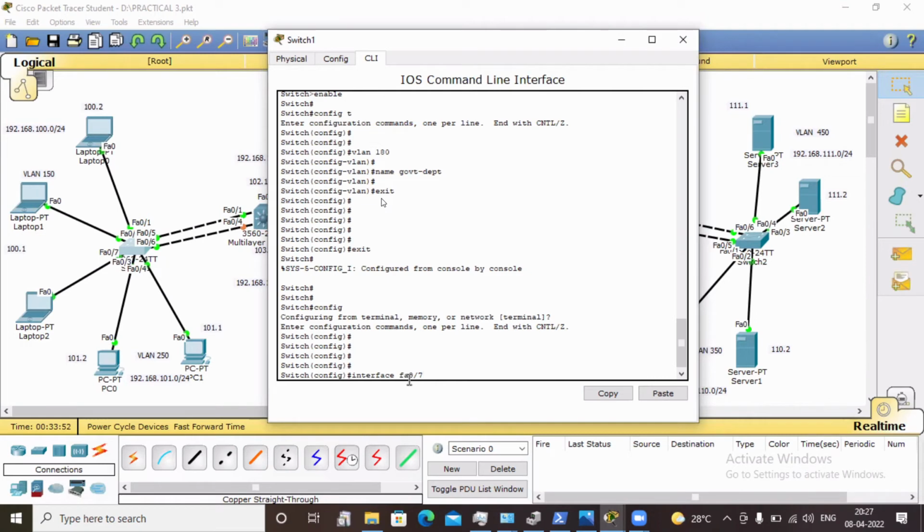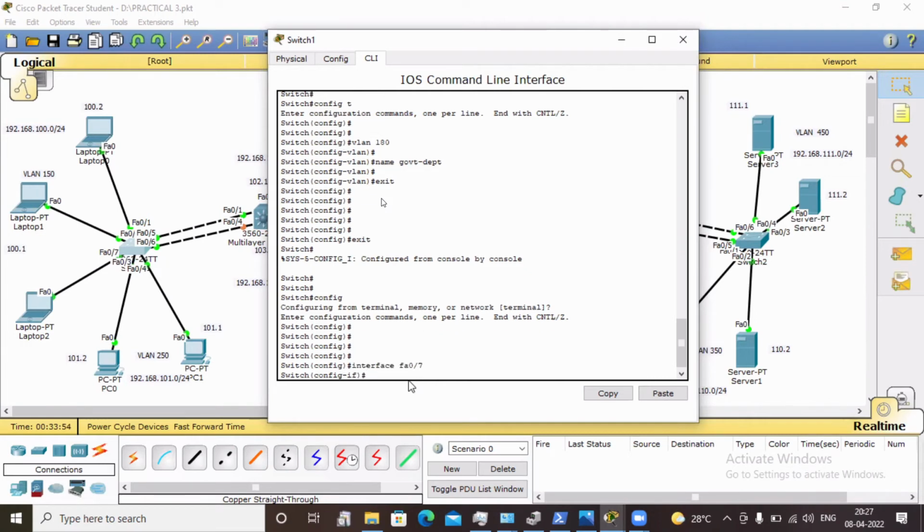Just type enter, switchport mode access. No, just spell out. Access. Enter, go with enter.